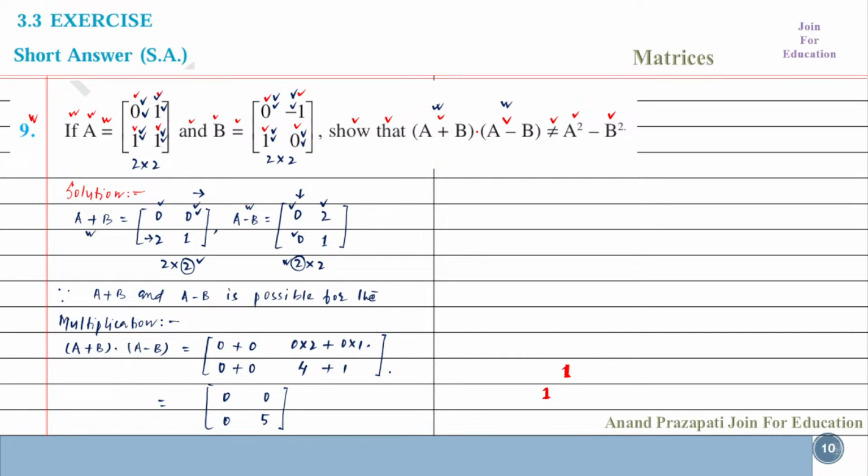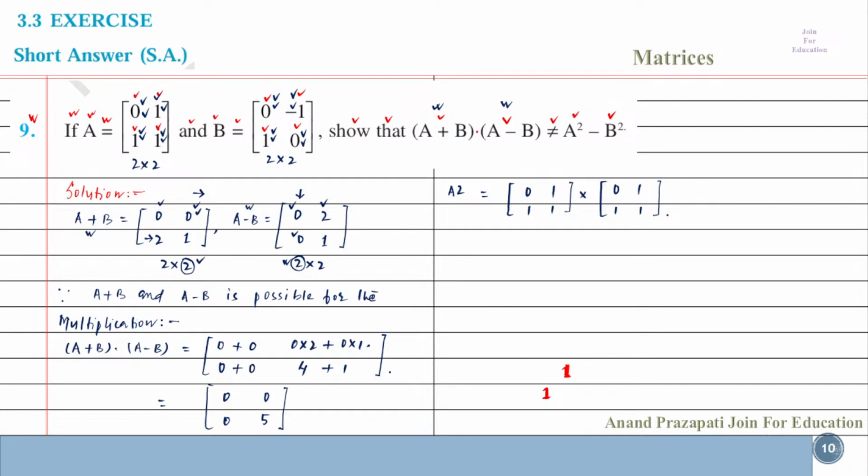Now we find out A square. A square equal to 0, 1, 1, 1 into 0, 1, 1, 1.